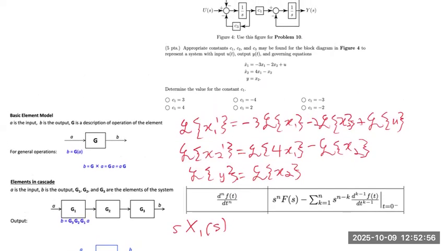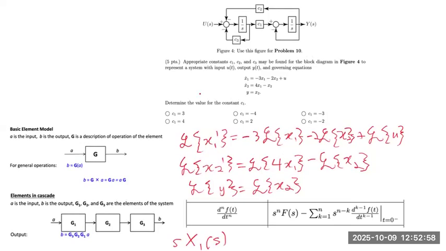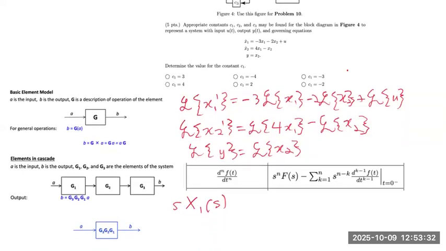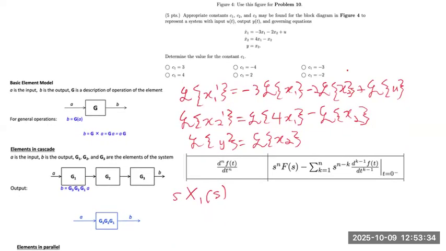But over here we're not really given any initial conditions. Yes, all the initial conditions are 0, and because of that we don't have any plus whatever over here.